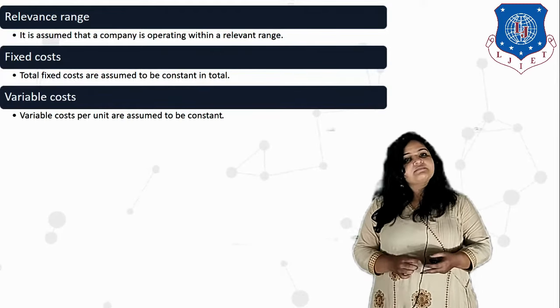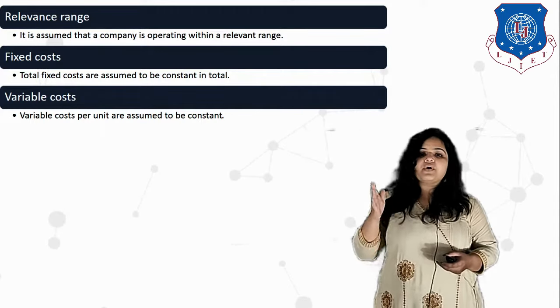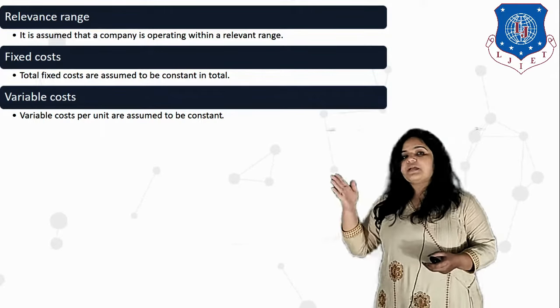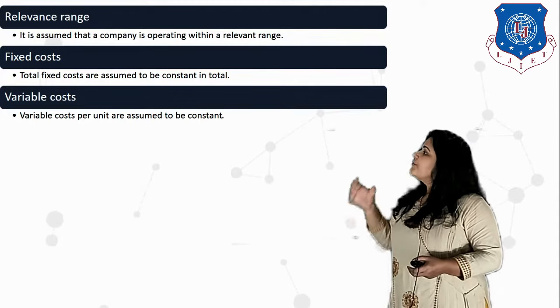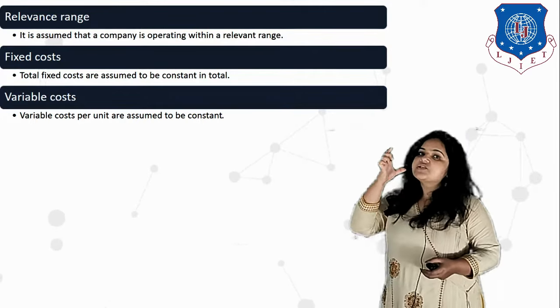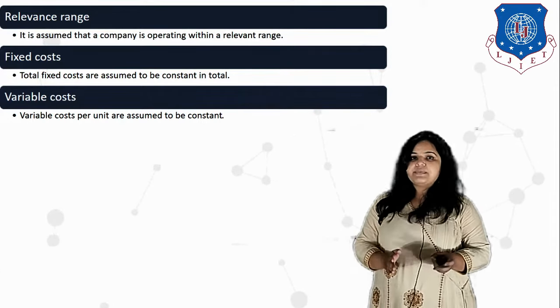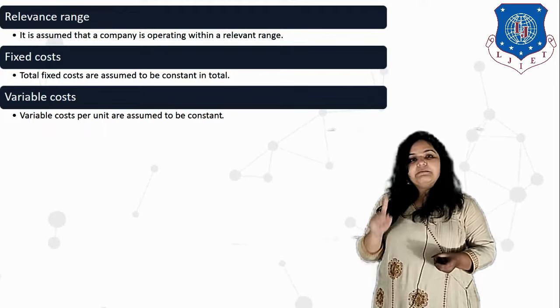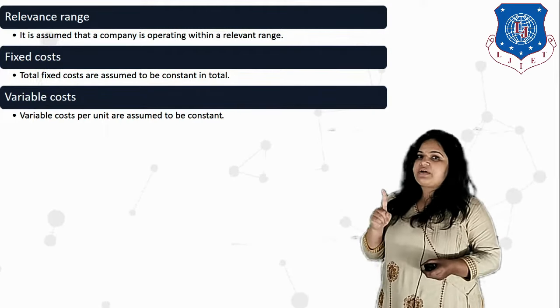The third assumption is regarding the variable cost. Variable costs per unit are assumed to be constant, which means that variable cost for producing a single unit is assumed to be constant. Say, for example, for producing one pencil, my cost is 5 rupees. My variable cost is 5 rupees.